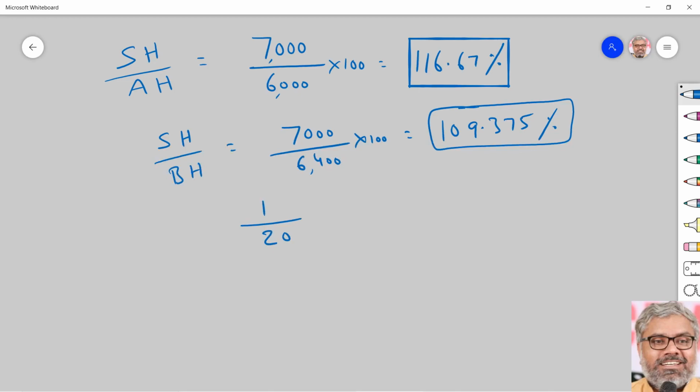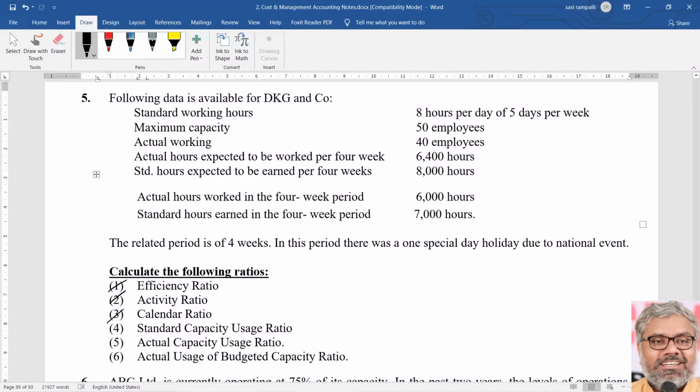But how many days are actually worked? Naturally, because there is one holiday, only 19 days are worked, which means the calendar ratio will be 19 divided by 20 into 100. That is 95%. That is the answer for the third ratio. All direct substitution and answers, that's all.